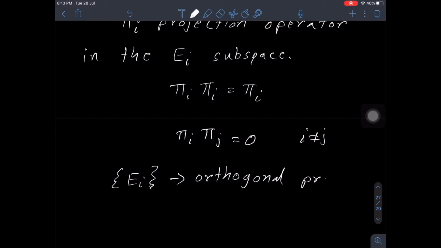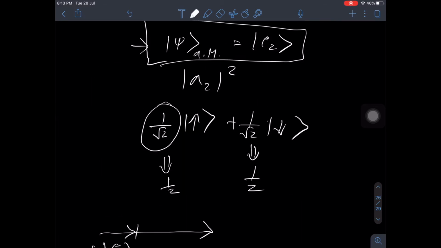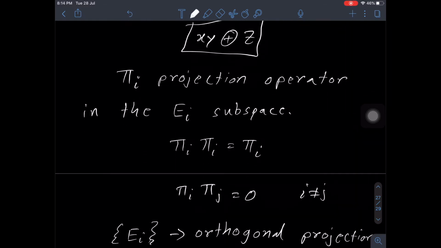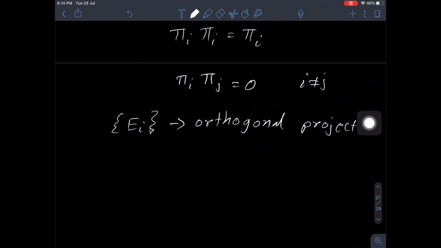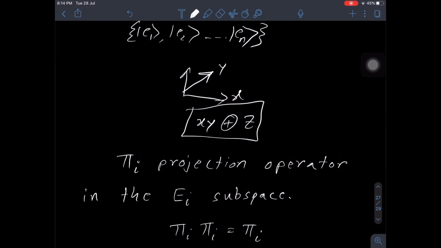Whenever you project in the j direction, and then you want to project in the I direction, if this is 0, that means that they are orthogonal projections. Similar to this picture, XY is orthogonal to Z. All right, so that's the idea.